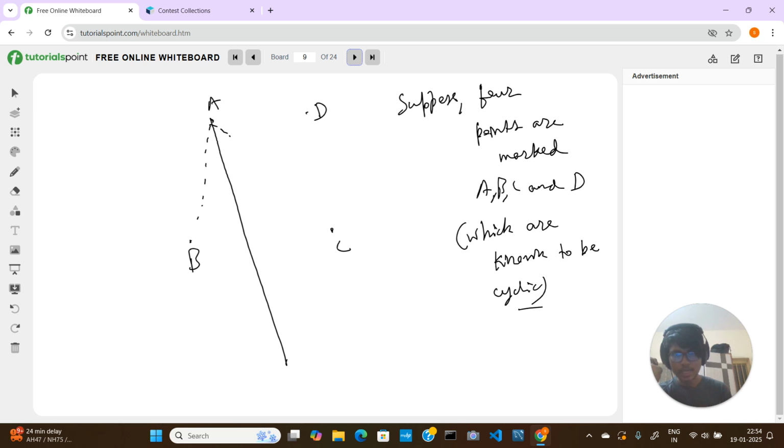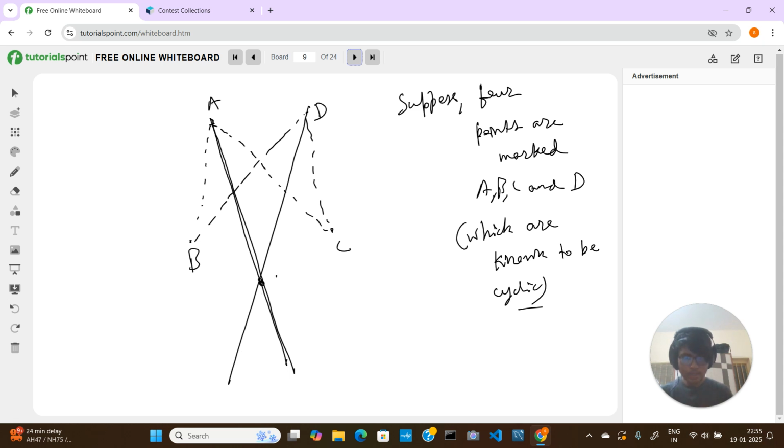Note that these lines BA and AC are not drawn; I'm just drawing them to visualize things. You can draw the bisector of angle BAC. Similarly, you can draw the bisector of angle BDC, and they will meet on the midpoint of arc BC. And now you know that this triangle XBC is isosceles.